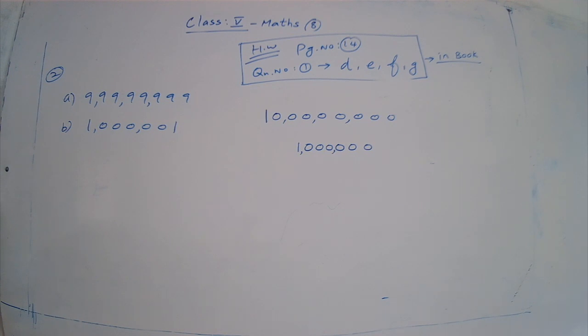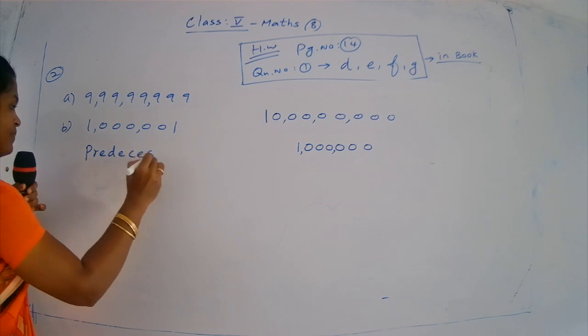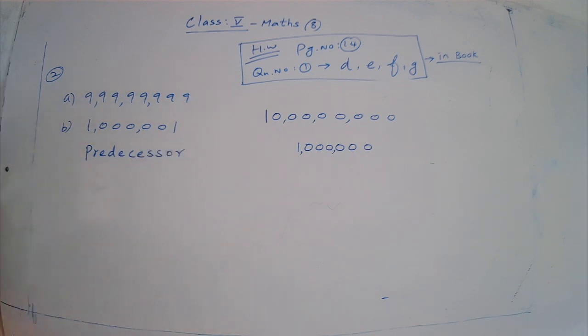What comes here, predecessor or successor? It is the previous number only, so give your answer. Yes? So your answer is predecessor. Yes children? Previous number given. So the answer is predecessor. Okay? Write it.